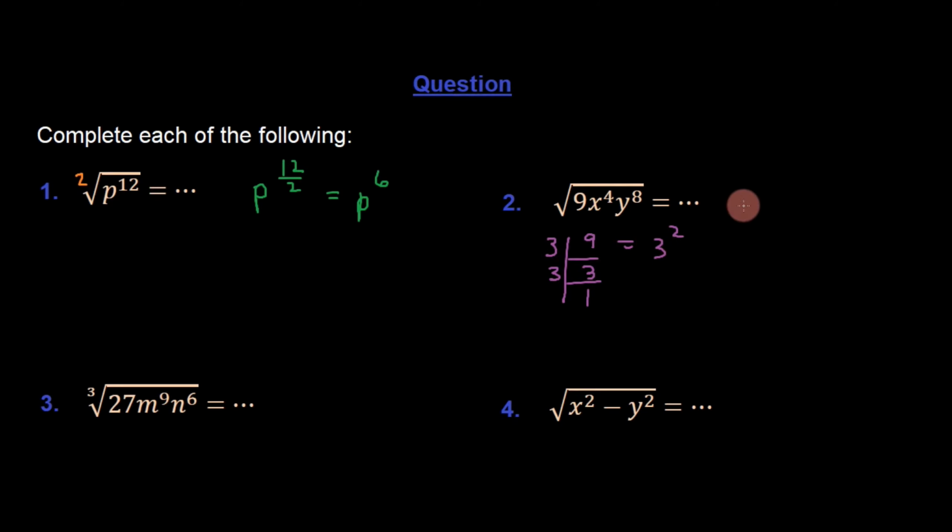We can put this under the square root. So 3 squared, x to the 4, y to the 8. Now we can apply law 8 and divide all the powers by 2. So we get 3 to the 2 over 2, x to the 4 over 2, y to the 8 over 2.